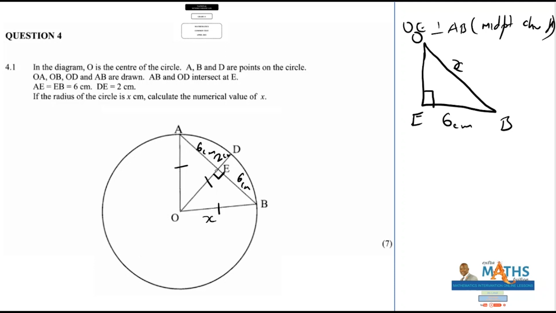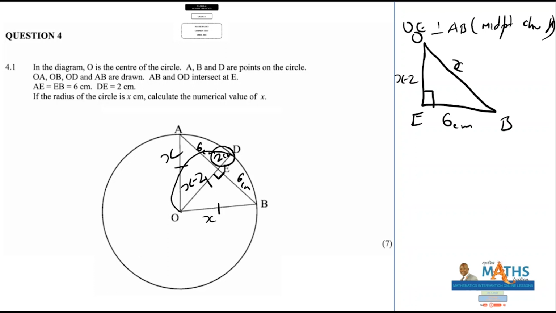OE, I don't know the value of OE, but I know that OD is a radius which is x, and DE is 2. It means OE will be x minus 2, because the whole of this length is x and this small portion is 2. It means OE will be x minus 2.